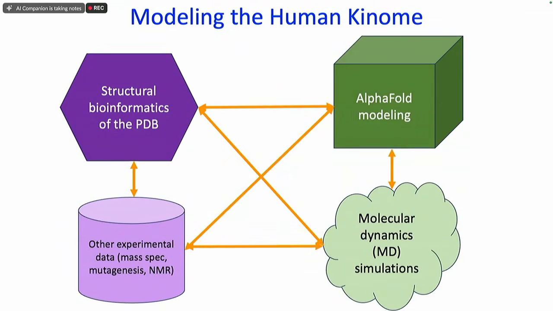We may use other experimental data that are available, mass spec, mutagenesis, NMR, to provide more information. And then it's possible to take the AlphaFold models or the structures in the PDB and do molecular dynamic simulations where we watch the protein change structure. We don't do a lot of that in my lab, but other people are using the models that we build for simulations.